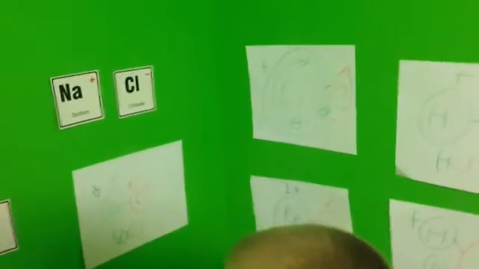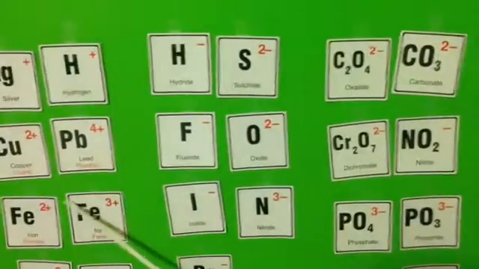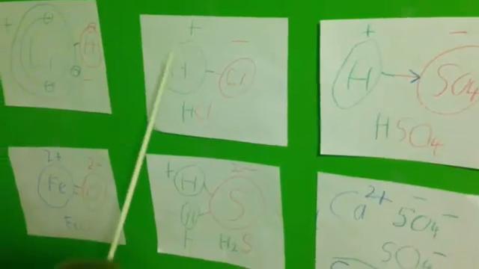Here's iron. Which one do we use? Iron 2 or iron 3? We use iron 2 because oxide only has 2 minus. That's FeO. Iron oxide, iron 2 oxide it's called. Here's hydrochloric acid. We use this hydrogen and a chlorine for hydrochloric acid.